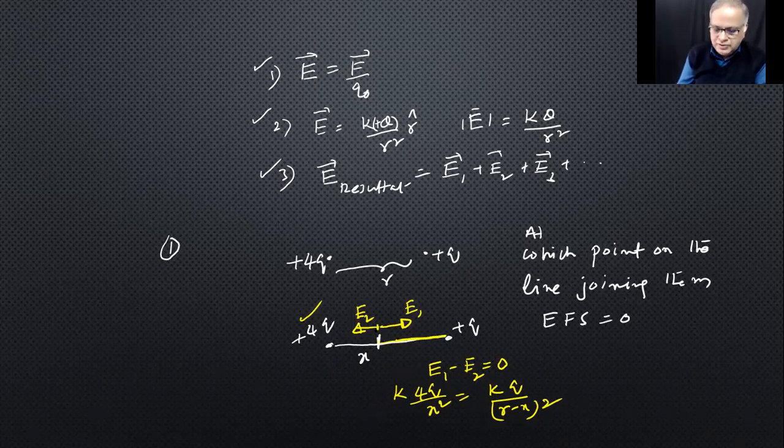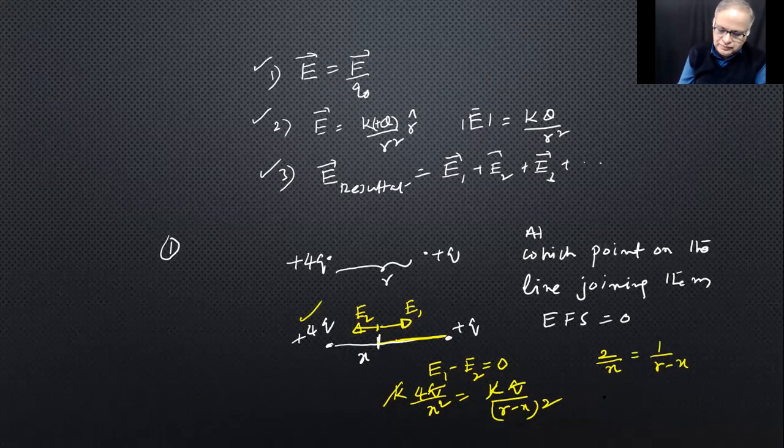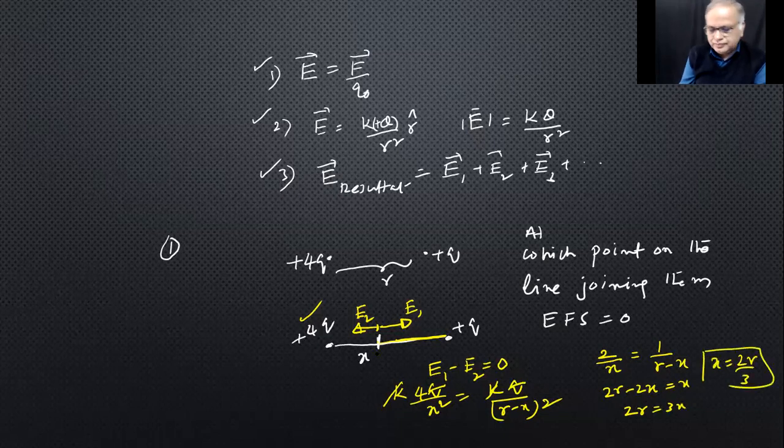So you simply cancel out, 2 by X equals 1 by R minus X. Did I do it properly? Okay. So 2R minus 2X equals X. 2R equals 3X. So X equals 2R by 3. At this point, field strength would be 0.